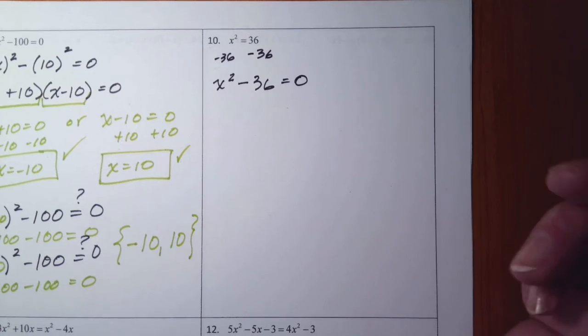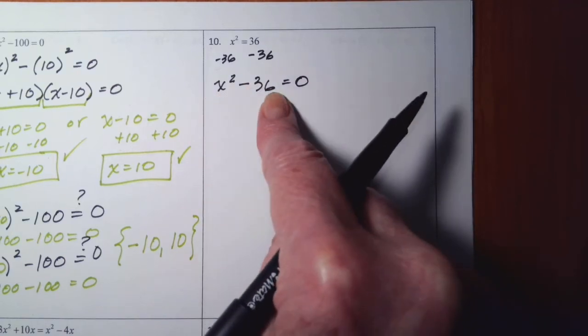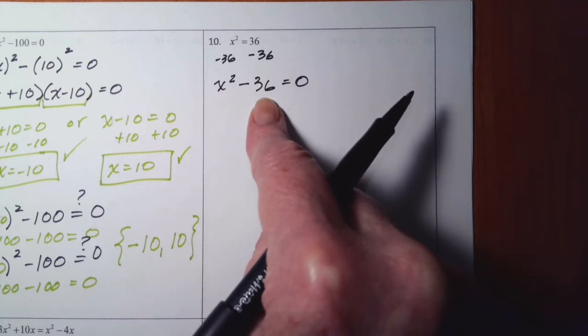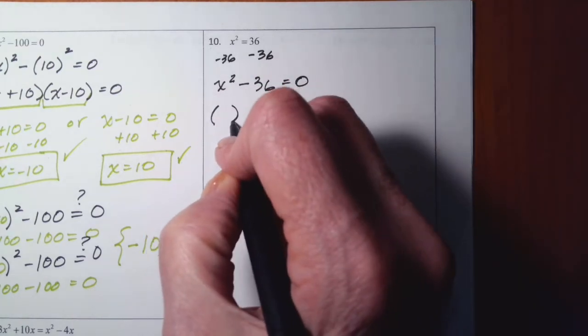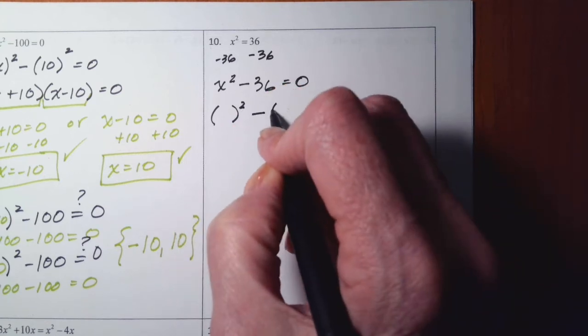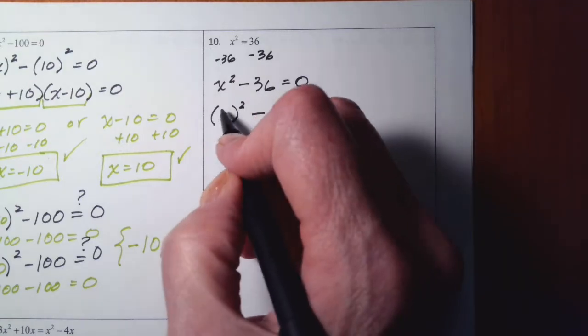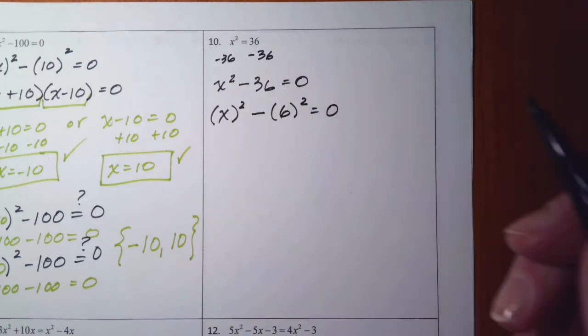Once again, it's two terms. There is no greatest common factor between x squared and 36, no number, no variables. So the only other possibility is going to be a difference of squares. Is it something squared minus something else squared? And the answer is yes. It's x squared and 6.